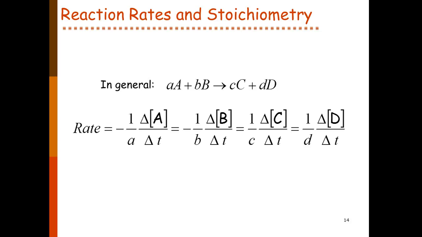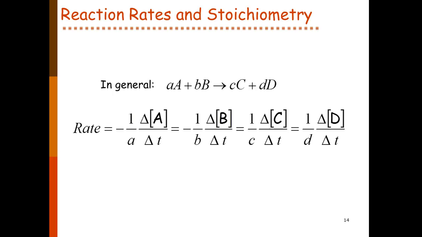If I have a generic balanced equation where compounds A and B are reactants and compounds C and D are products, the coefficients of the balanced equation will be lowercase a, b, c, and d.